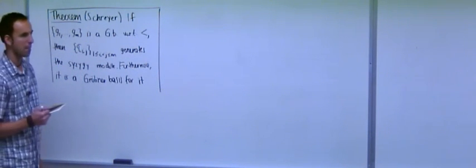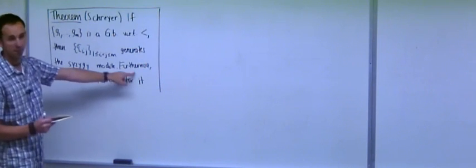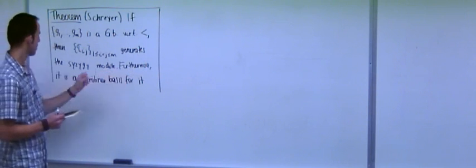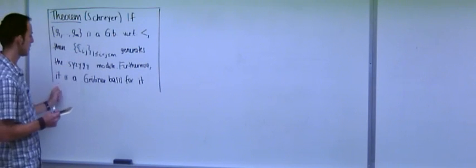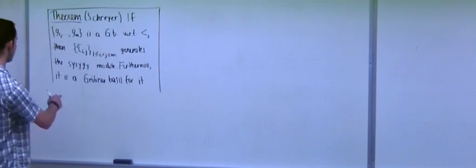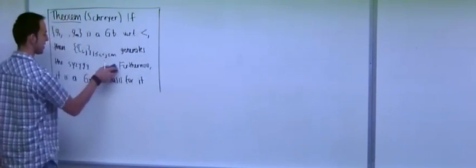Okay? And then I told you that I was going to add a furthermore here. And so this is the furthermore. Furthermore, this set of syzygies is a Groebner basis for it. What do I mean by this?